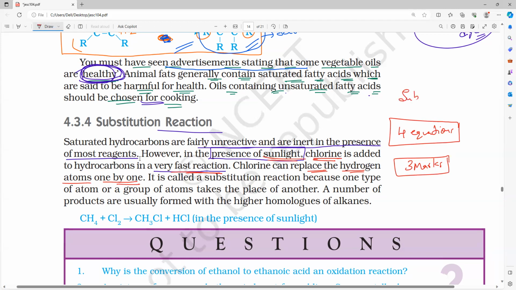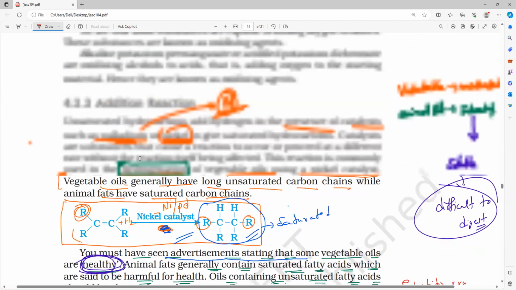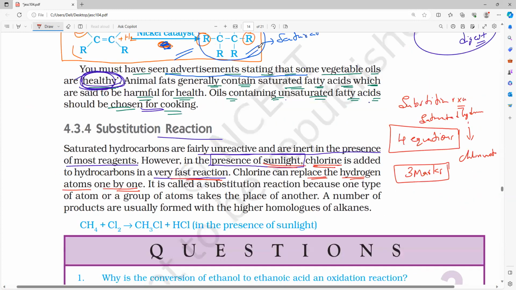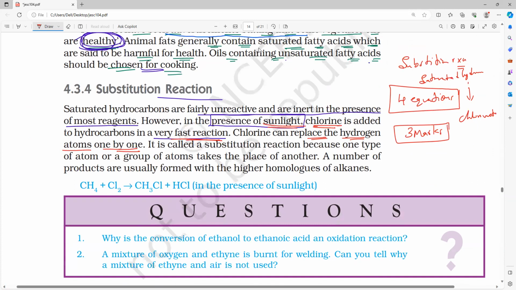Write the substitution reaction of a saturated hydrocarbon and get the product as chloroform. They did not even mention chloroform; they gave trichloromethane. Trichloromethane means chloroform only. Am I right or wrong? So how many equations do you have to write for 3 marks? 3 equations.